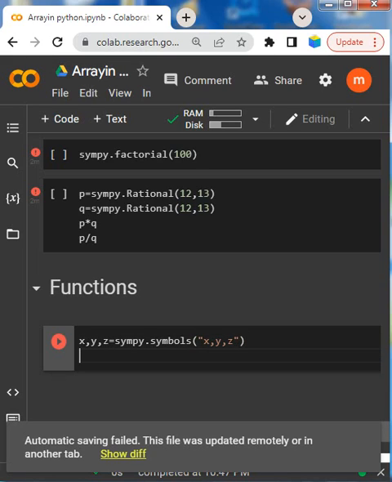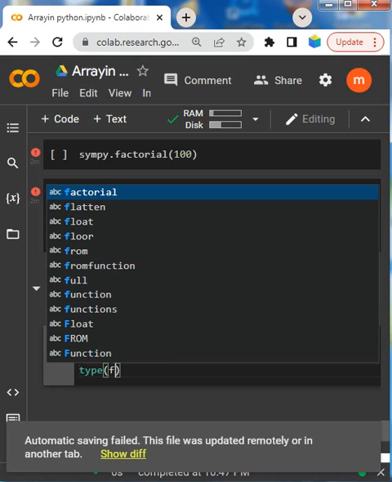So first I write f as a variable equal to sympy.Function with capital F, and now write the small function name, f, in parentheses.